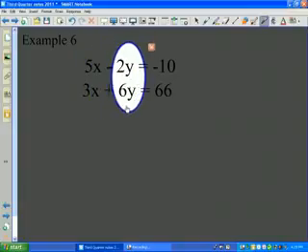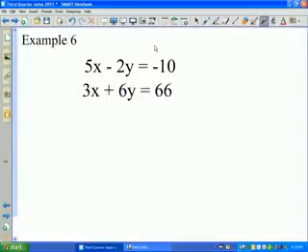If I look at my y's, I notice I would have a negative 2 and a positive 6. But let's hold off on the signs real quick. I have 2 and I have a 6. What number other than 1 do they have in common? So hopefully you say 6. So if that's the case, I would only have to multiply that top equation by 3.